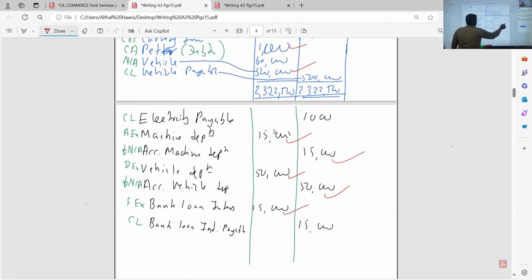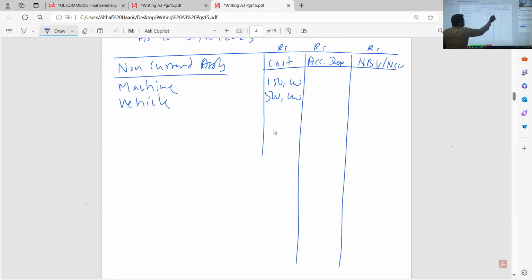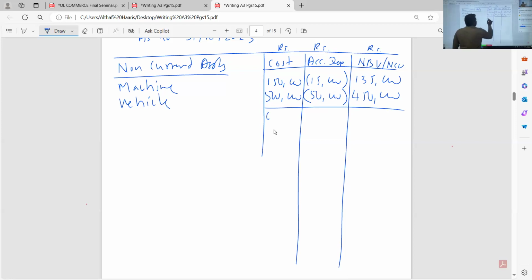Machine 15,000, vehicle 50,000. Net values here 135,000 and here 450,000. Total cost 650,000, accumulated depreciation 65,000, net 585,000.